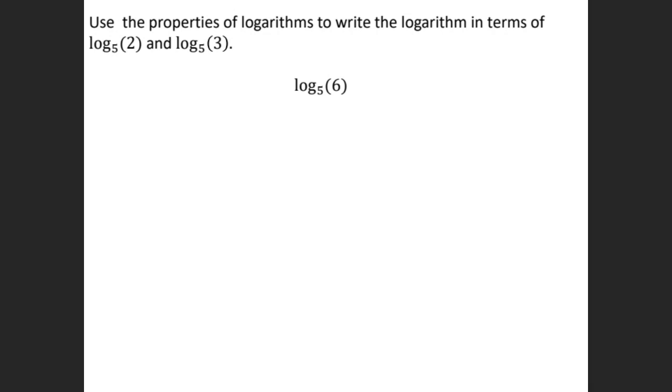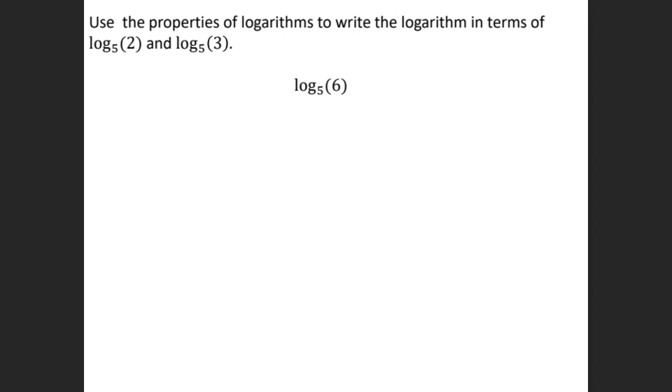So some of the things that we can use is to expand our logs, and let's practice with this one using just numbers. You have a homework problem that says use properties of logs to rewrite the logarithm in terms of log of base 5 of 2 and log of base 5 of 3. Okay, so because they want an input of 2 and 3, can I make this 6 into a product?